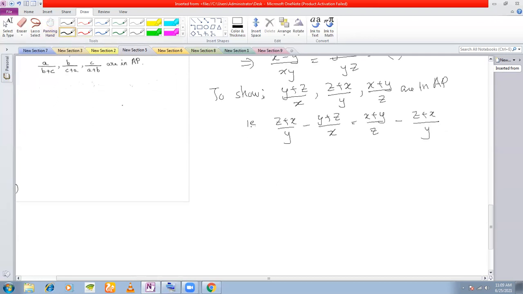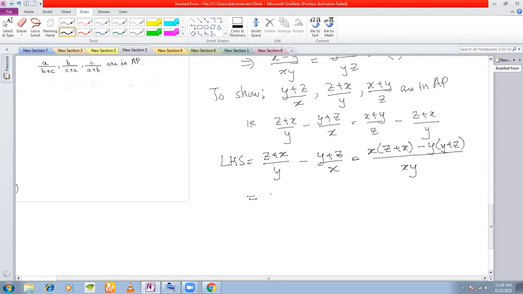So start from the left hand side. (z+x)/y minus (y+z)/x is equal to, take the LCM here. On taking the LCM, you will get x(z+x) minus y(y+z).